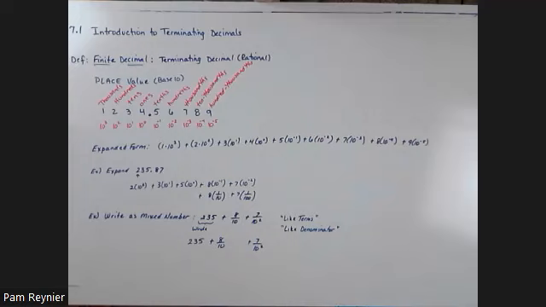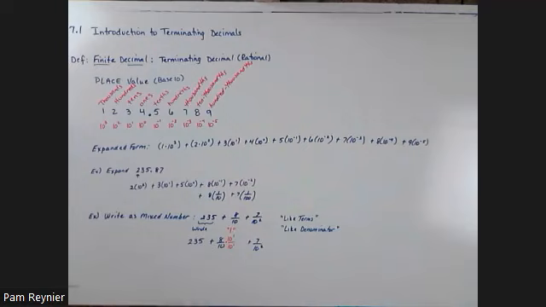This goes back to the idea that we can always multiply by the number 1, and we can make the number 1 look like anything we'd like. Since I need 10 to the second power, and this one only has 10 to the first power, I'm going to choose to multiply by 10 to the first over 10 to the first. All that is multiplying by the number 1.